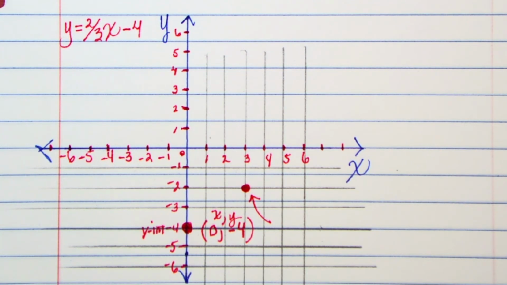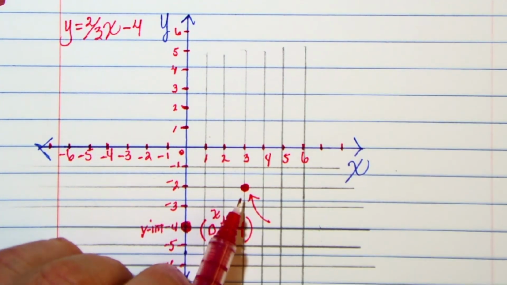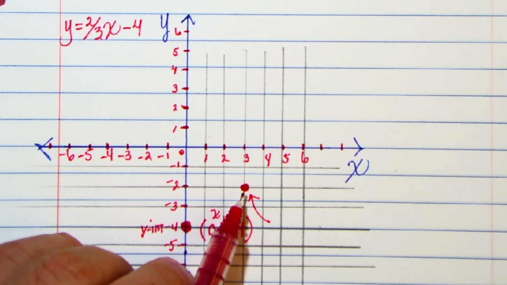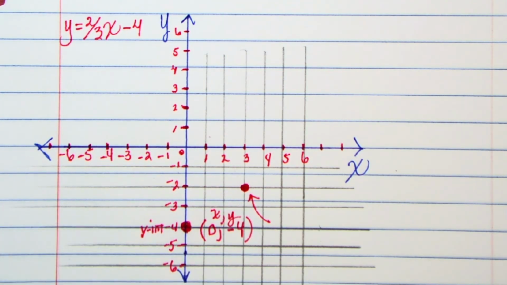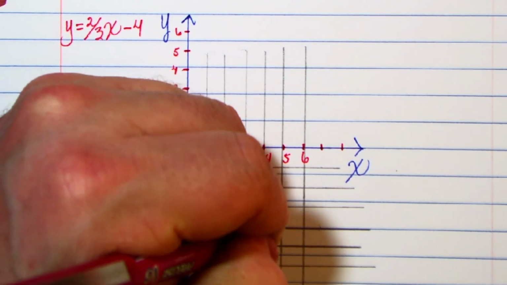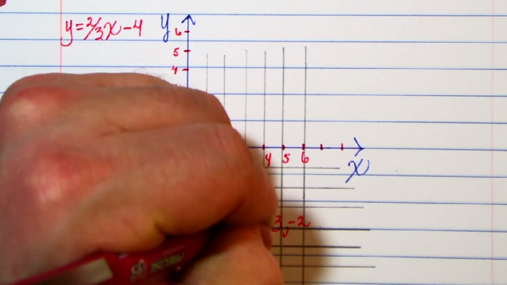It's x comma y. What are the coordinates right there? Good. 3, negative 2. So 3 comma negative 2.